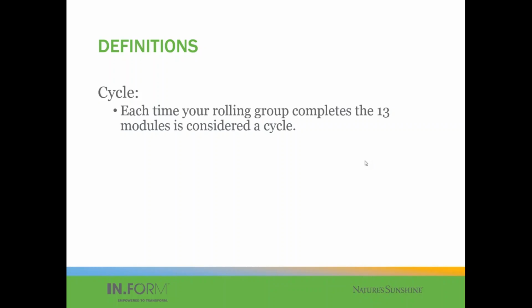So if you start a brand new group, you'll run weeks 1 through 13, and that will be your cycle 1. But if you continue with that group and start a new 13 weeks, you will move to cycle 2 of that same group. And there are some different things tied to that, like our promotions. For each cycle, you are eligible to earn promotions and IN.FORM points. So it's important to understand that, especially if you are doing rolling groups.